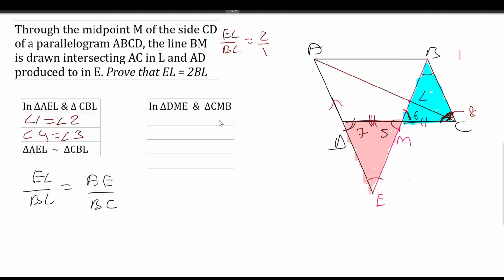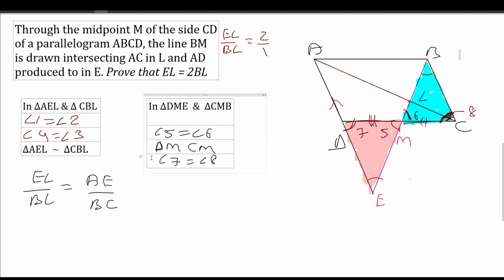The first thing we can write is that angle 5 is equal to angle 6, by vertically opposite angles. We have the length DM equal to CM. And one more thing, angle 7 is equal to angle 8.